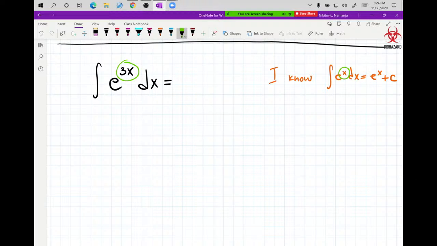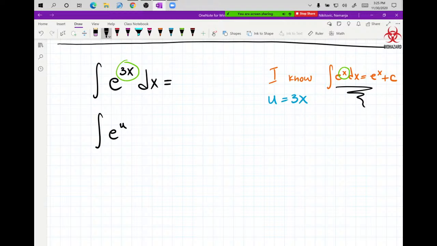So I have this difference, and this is how I say, okay, let u be 3x. And if I make this substitution, I will get the integral of e to the u, and I am already in this mode where I have e to the x, which is the basic thing that I know.